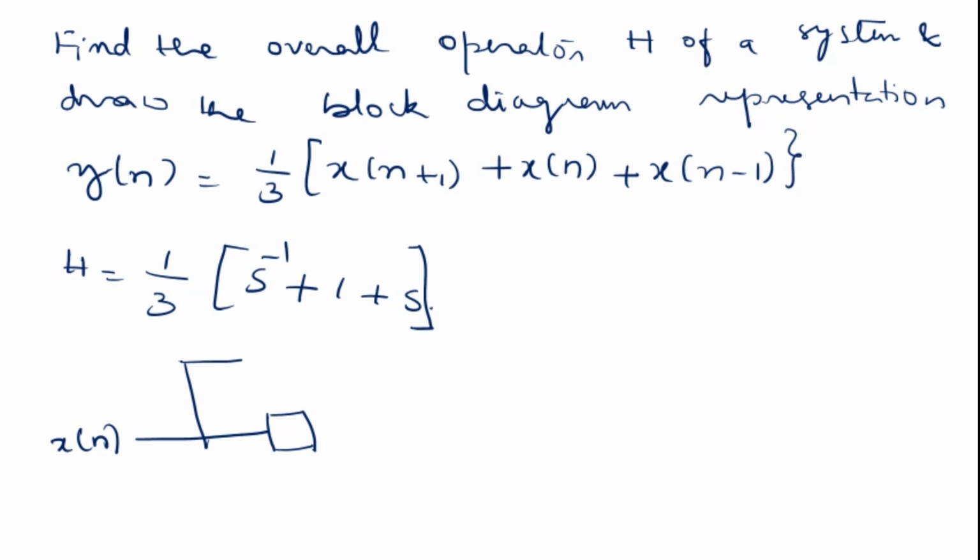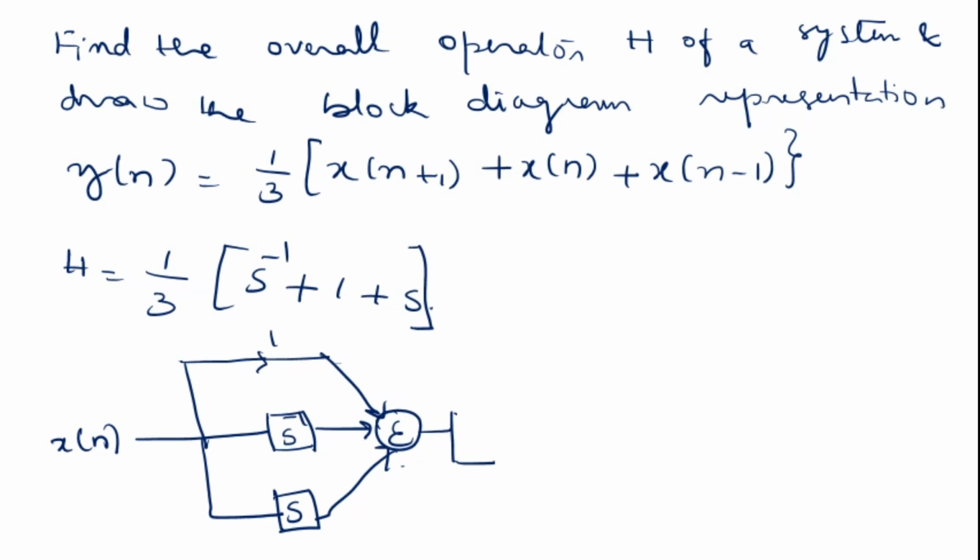This is 1, s inverse, this is s. I have to combine all the three, I have to put one summation. That should be multiplied by 1 by 3, which will give the output y of n.